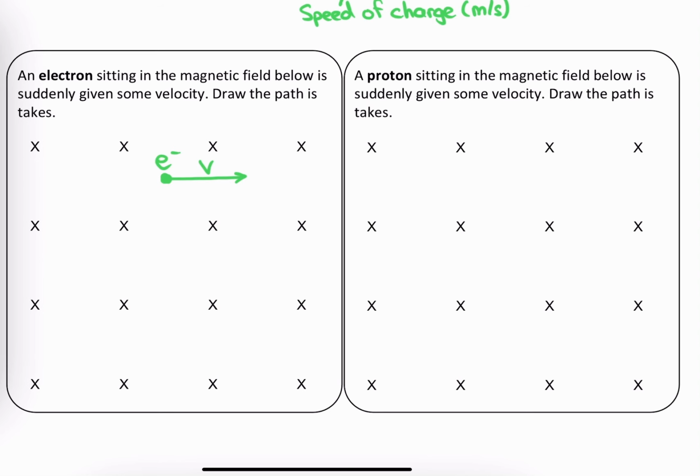And then your middle finger will now be pointing down towards the bottom of the page. So this electron, as soon as it starts to move to the right, that means current will be to the left, and it's going to feel a force down like that towards the bottom of the page.